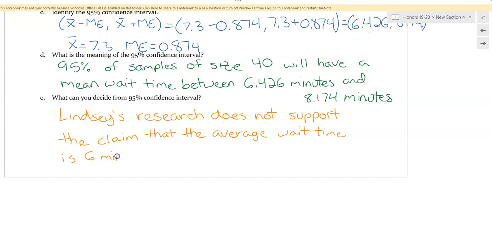We either support or we don't support. We can never really prove anything; we're never proving it's true or disproving it. We either say yes, I support this claim, or no, I don't. Lindsay's research does not support this claim because the 6 minutes is outside of this interval, to the left of it. All right, let's look at another one.